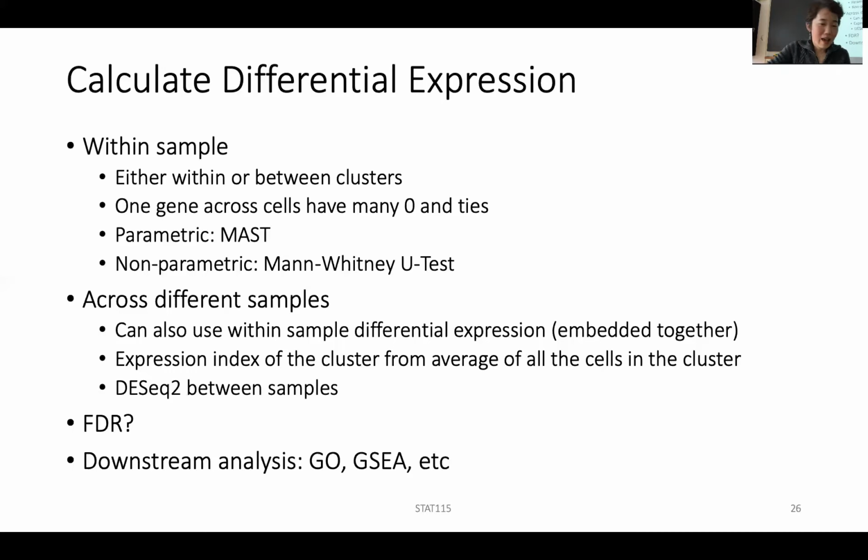And then hopefully there are a sufficiently good number of genes to give you differential expression. Because you have so many single cells, the statistical power could be quite good, even after you correct for multiple hypothesis testing. And then you can do the downstream analysis. After you get the differential genes, you can run gene set enrichment, and you can do standard gene ontology like you are doing for the homework too.